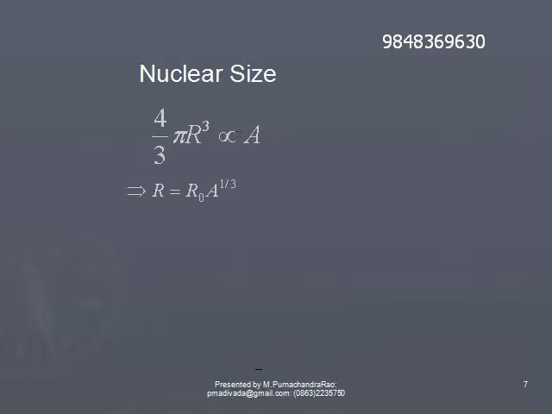Replacing this proportionality with a constant, R is equal to R0 into A to the power of 1 by 3, where the value of R0 is approximately 1.1 into 10 to the power of minus 15 meters. Remember that it is an approximate value. So this is the relation that is used to measure the size of the nucleus. R is equal to R0 into A to the power of 1 by 3.